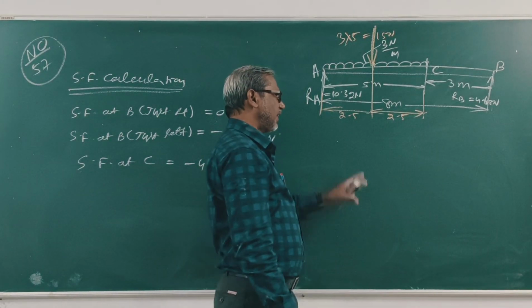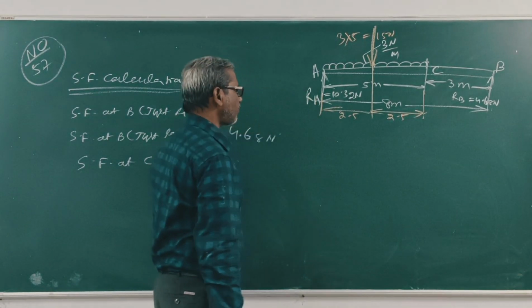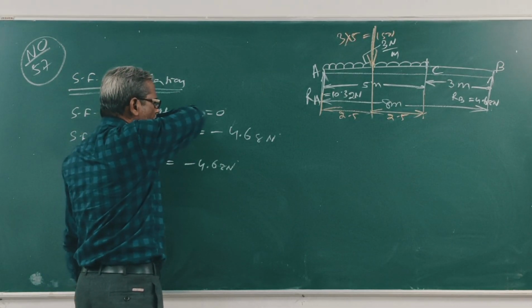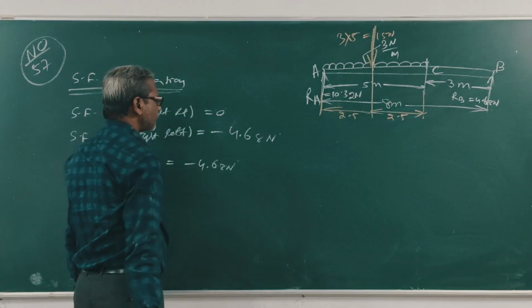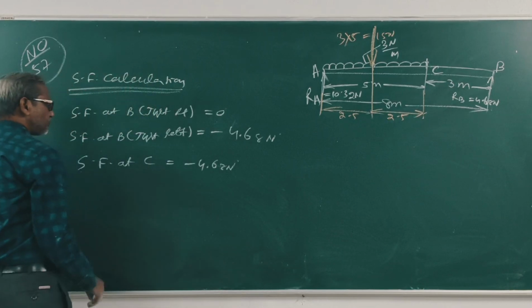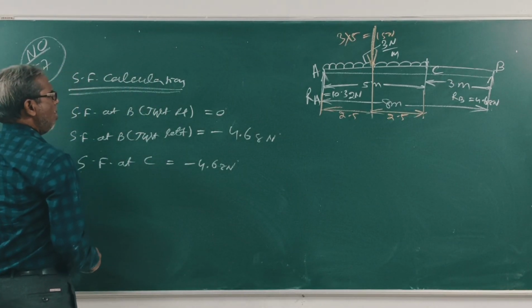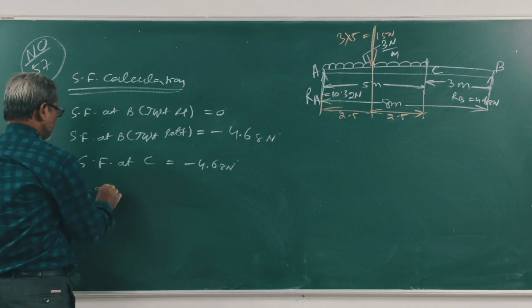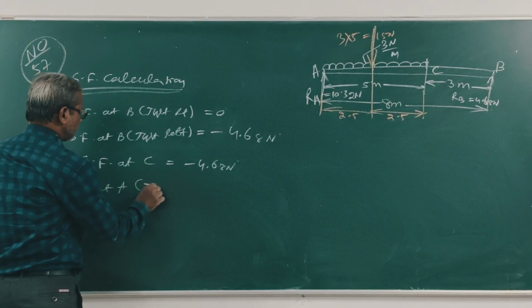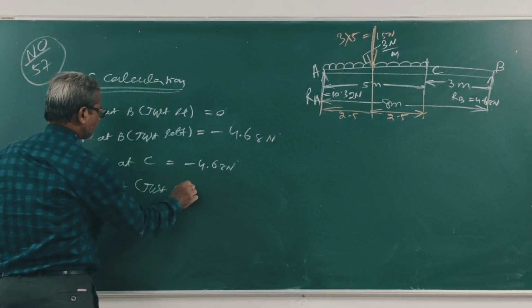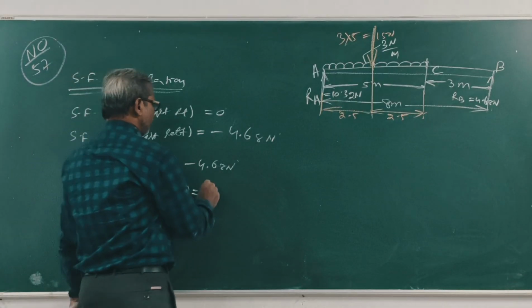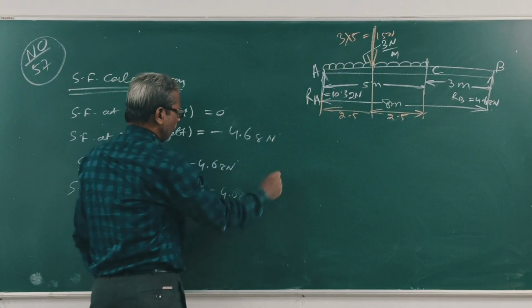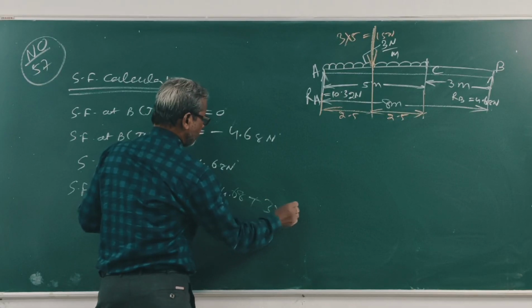Then at A, shear force at A just right is minus 4.68 plus 3 into 5, 15.